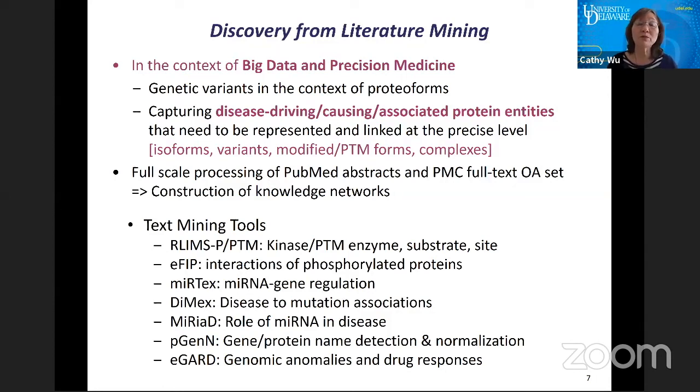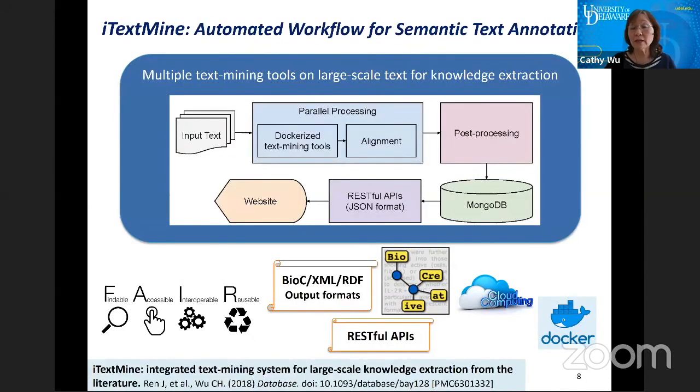And so it provides a very rich entity relationship for different kinds of biological context. And again, through the full-scale processing of the PubMed abstracts and the PMC full-length open access data set, it allows us to construct the knowledge networks.